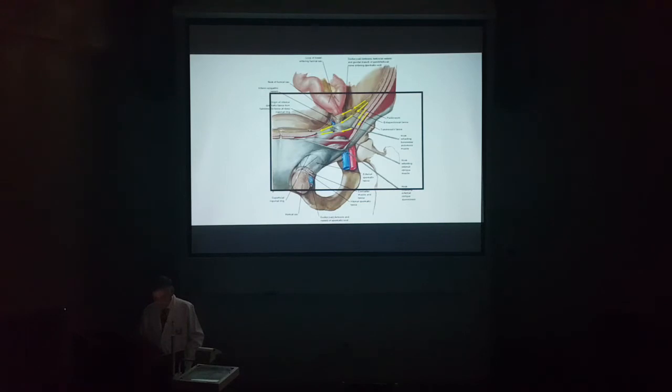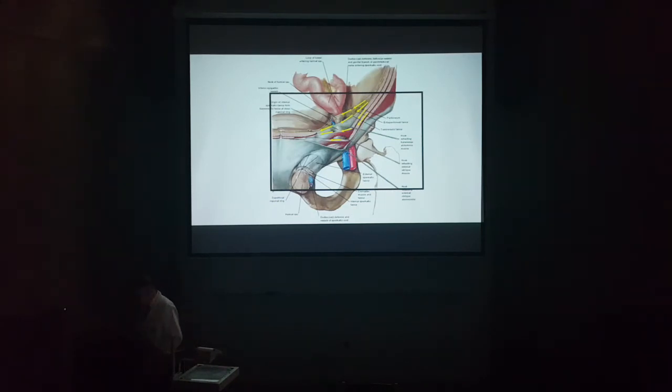Then we have this muscle, which is the internal oblique muscle. As it comes down to this area, it also arches over, making also the roof of the inguinal canal.